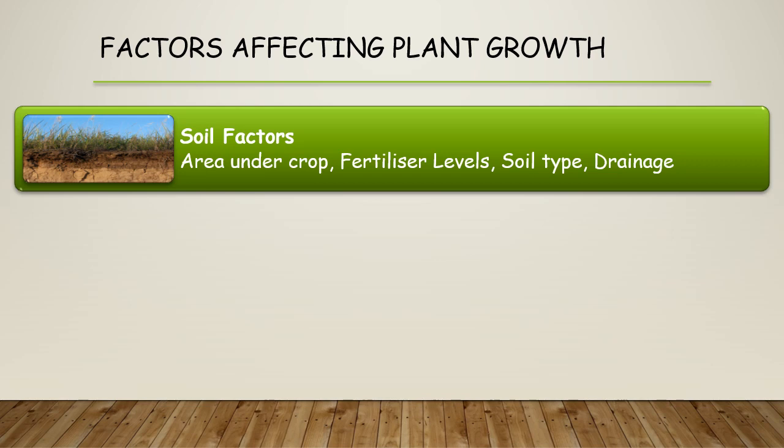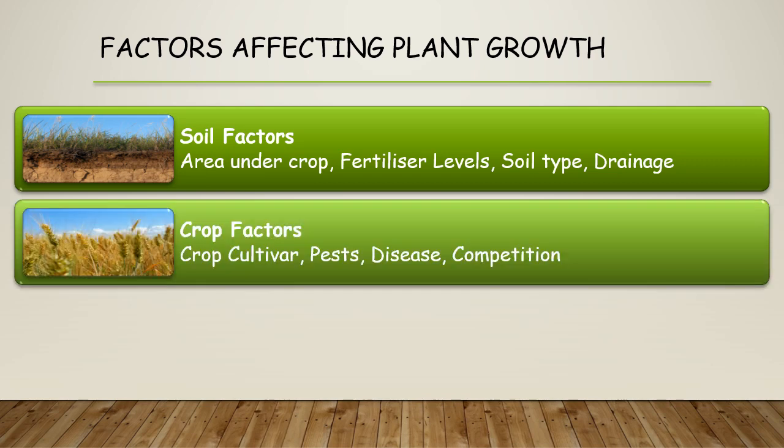Fertilizers, so how much access do you have to fertilizers, the soil type and the drainage. So again, gardeners are familiar with this as well as farmers. The type of soil that's actually there underneath your feet and how much water is retained within that soil can impact on what you can successfully grow there. Other factors in terms of crops, so what are you trying to grow?